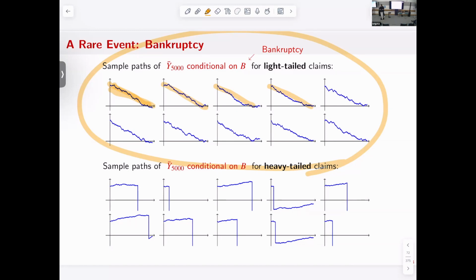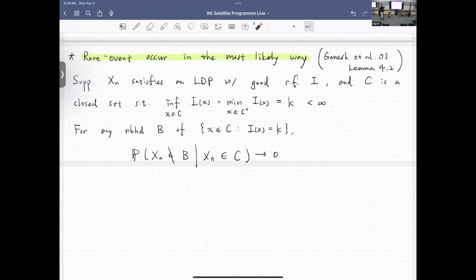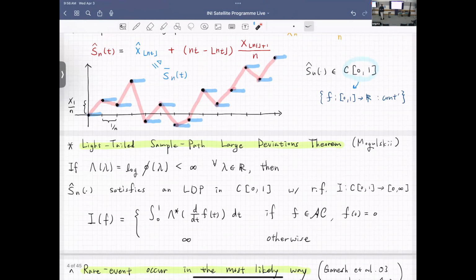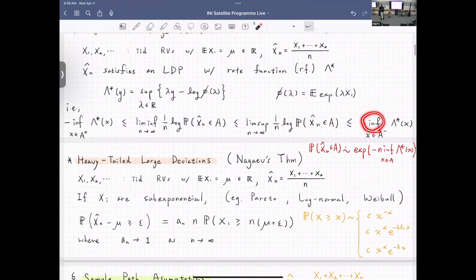This makes the identification of the most likely scenario, in particular as the infimum of the rate function here, so useful, because that infimum is exactly how this rare event happens. If you want to prevent it, you can do something about that particular scenario.